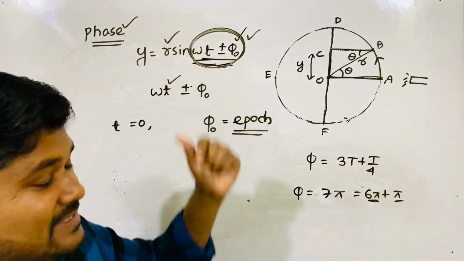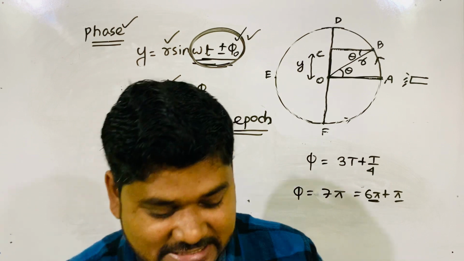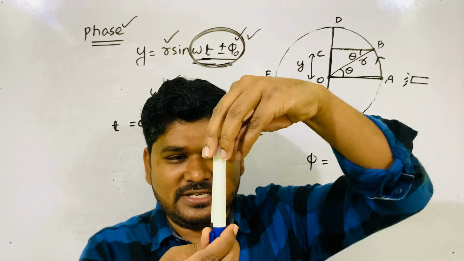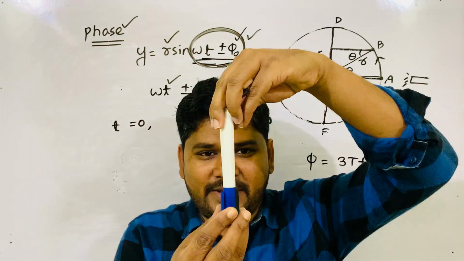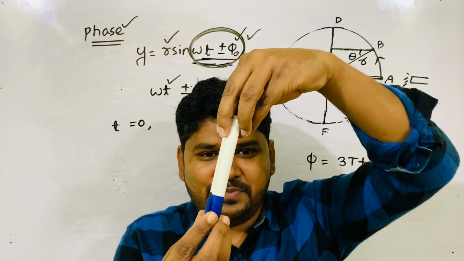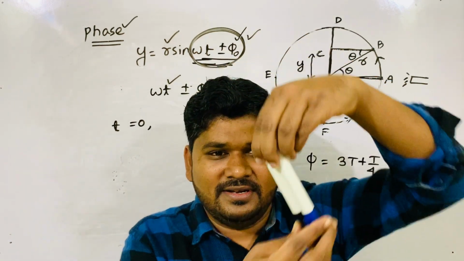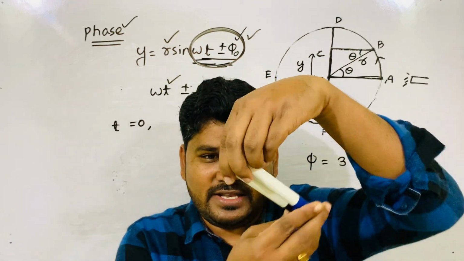But what is the requirement of that? Suppose two bodies oscillate simultaneously. You can mark 0 phase, pi by 2, pi, 3 pi by 2, 2 pi.